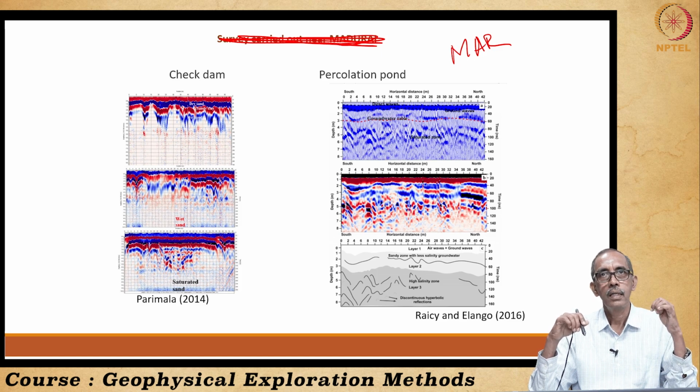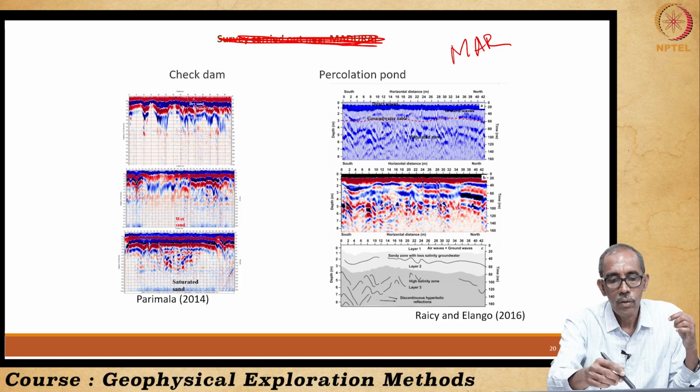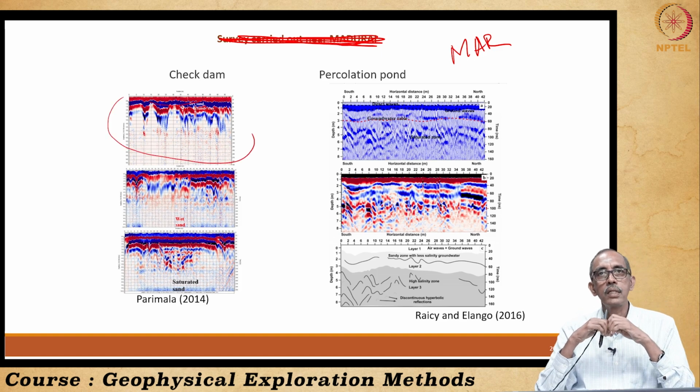So, we did use the ground penetrating radar to identify an ideal site to locate a check dam in a major river running north of the city of Chennai, right? At different locations, we carried out the ground penetrating radar to demarcate the formations below the surface of the earth.